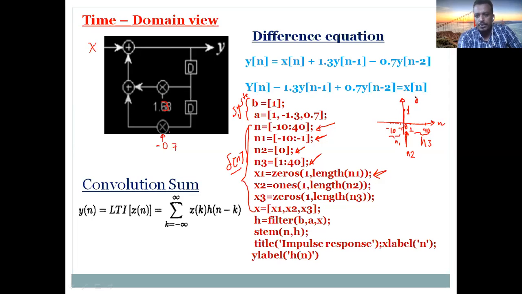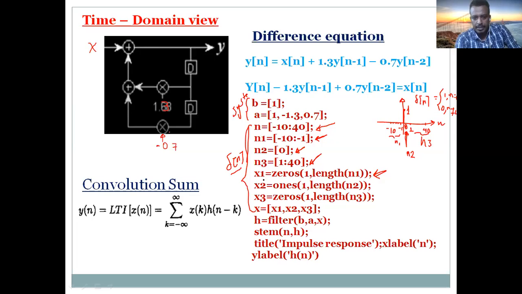So from the definition, it is 1 at n equal to 0 and 0 for n different from 0.